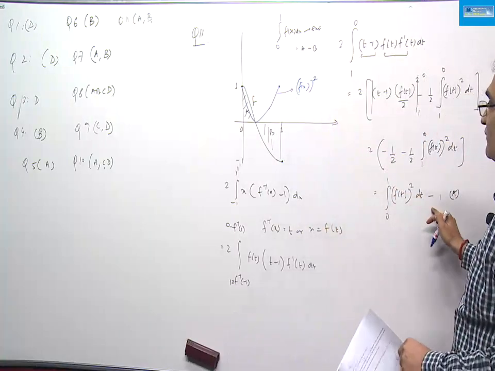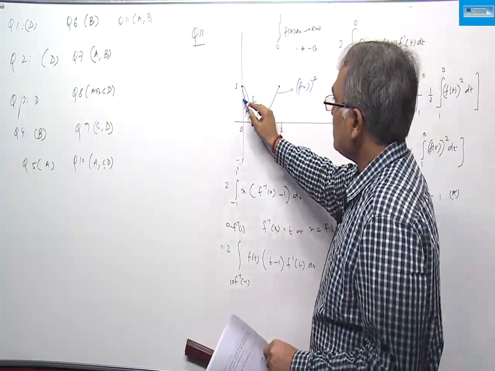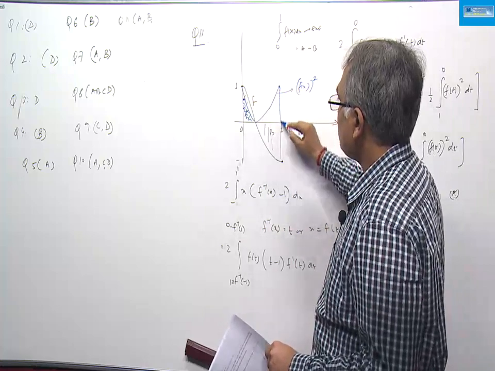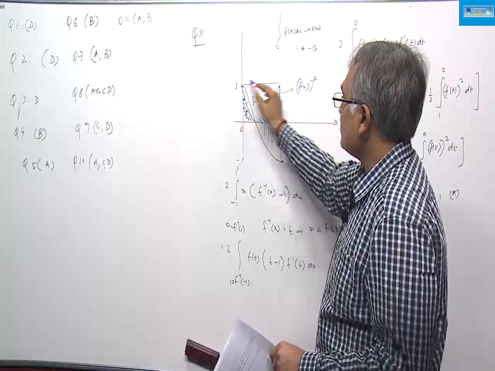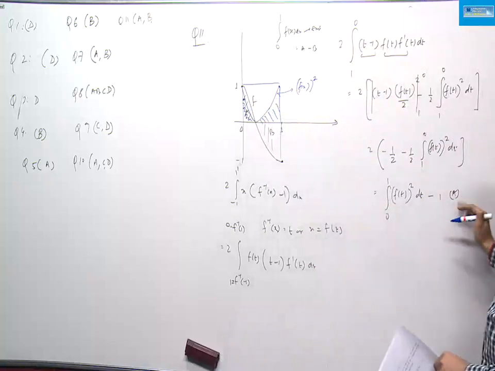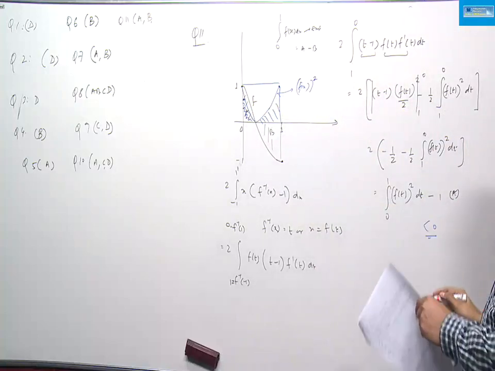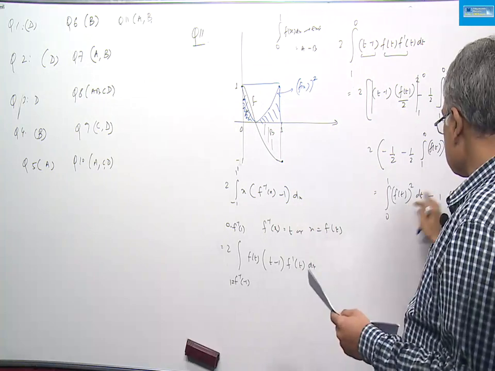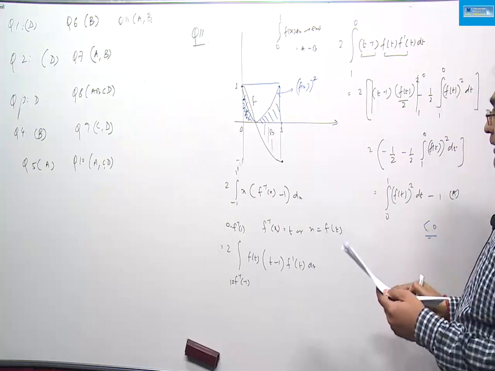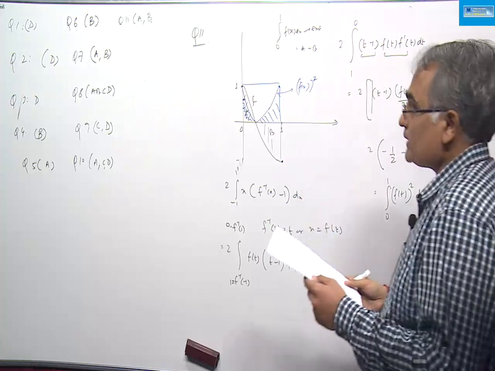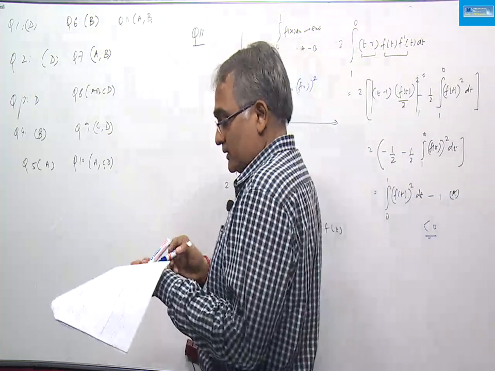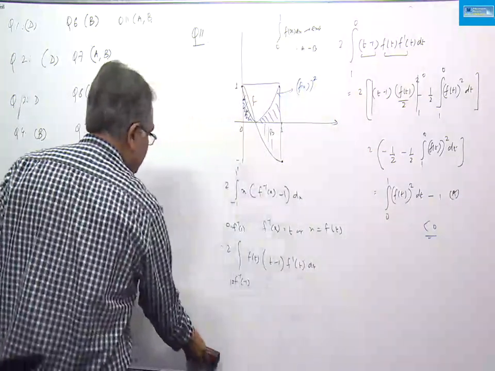And the integral from 0 to 1 of f(x) square dt will be this area plus this area. Must be less than this 1 by 1 square. Hence minus 1, this must be negative. Hence the area must be negative. This integral, twice from minus 1 to 1, is clearly negative, hence D is incorrect. Options are A and B only.